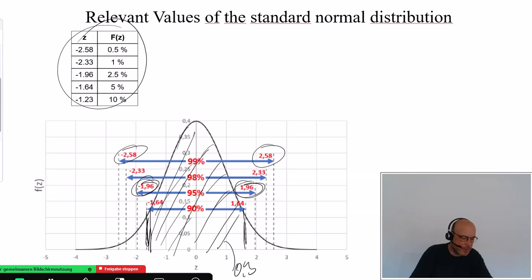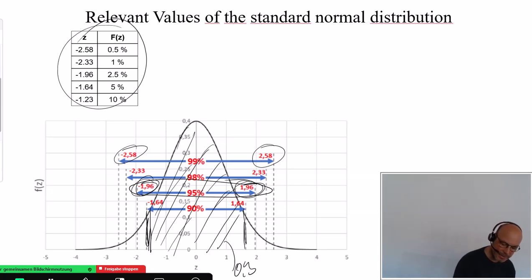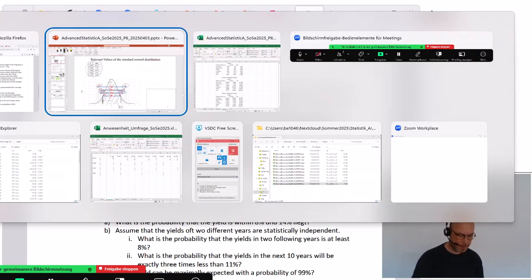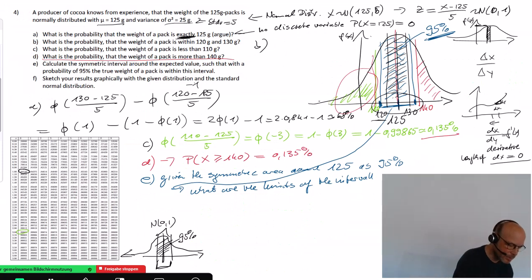I don't know if you participated in the lecture when I did the revision, because you can just keep in your head that if this area under the standard normal distribution is 95%, then you are within an interval of minus 1.96 up to plus 1.96. This we can also look up here, 1.96.